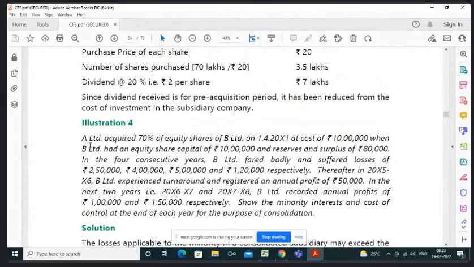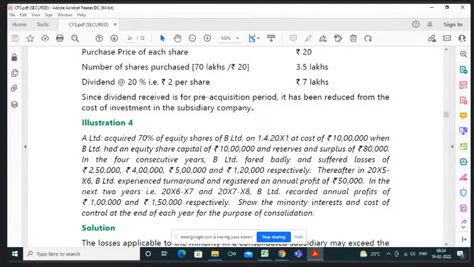So illustration number 4. A Limited acquired 70% of equity shares of B Limited on 1/4/2011. The cost is 10 lakhs. At this point in time, B Limited had an equity share capital of 10 lakhs and reserves and surplus of 80,000. In the 4 consecutive years, B Limited fared badly and suffered losses of 2,50,000, 4 lakhs, 5 lakhs, and 1,20,000 respectively.